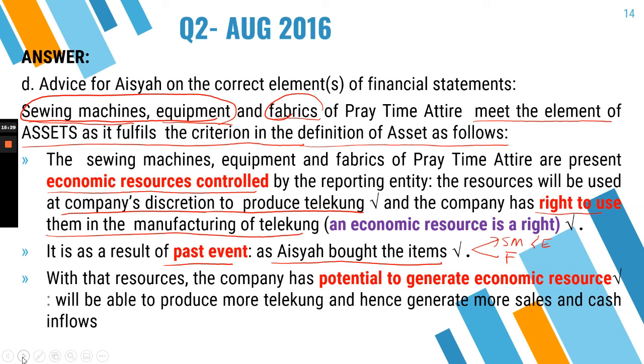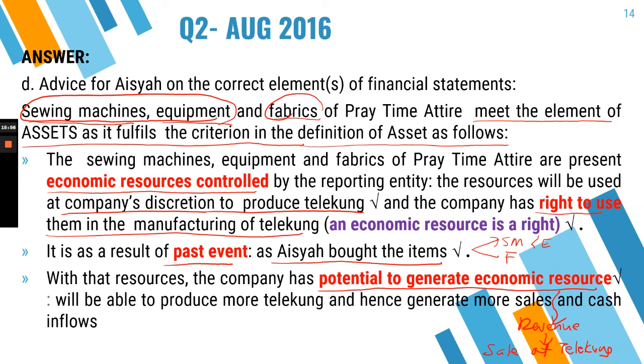With those resources, fabrics that will be turned into telekung and sewing machine that will be used in the production, Aisha will have the potential to generate economic benefits. Generate revenue from the sale of the attire, telekung.